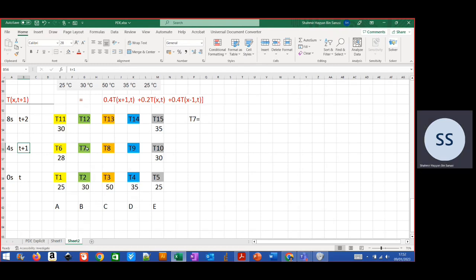So T7 is actually 0.4 T3 plus 0.2 T2 plus 0.4 T1.